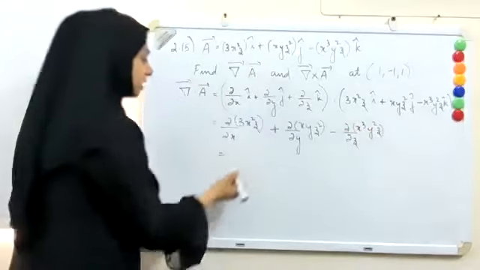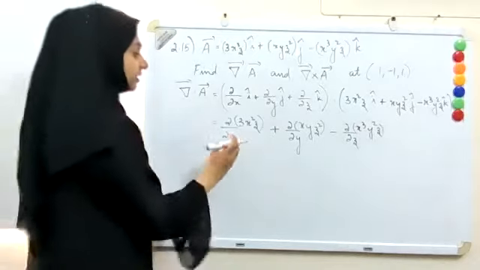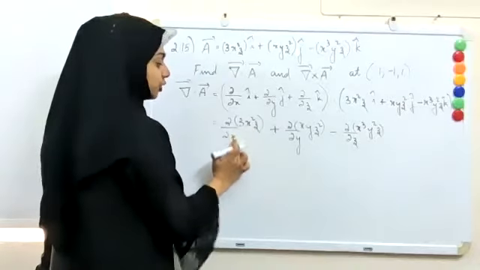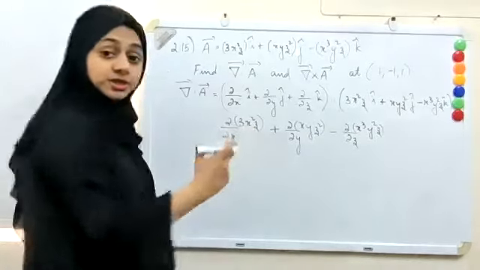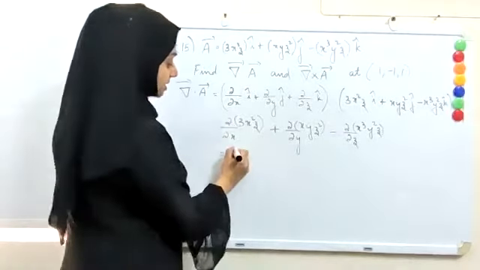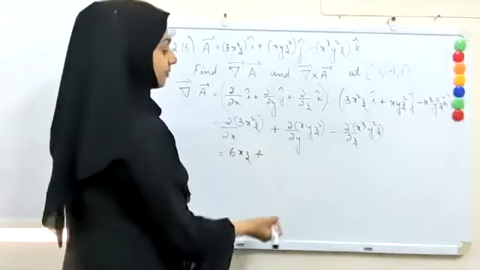So this is equal to, when I take the partial differentiation, I can consider z constant. So ∂/∂x of x square will be 2x, 2 gets multiplied with 3, so I get 6xz plus.